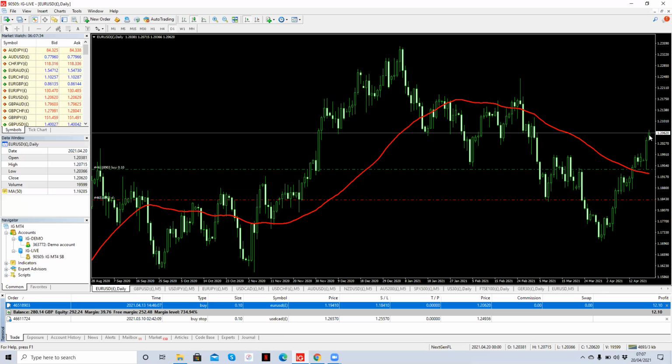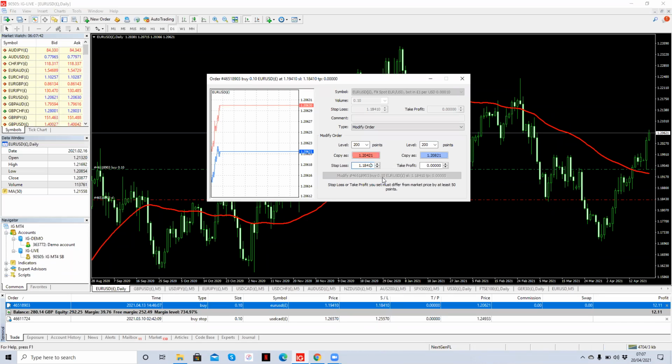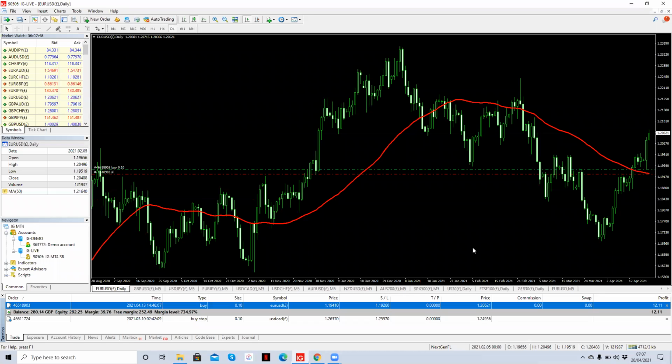So I'll just adjust my stop loss to 2 pips below that at 1926. There you go. And I'll just keep doing that every day, adjusting my stop loss with the moving average every day till I get taken out of that trade.